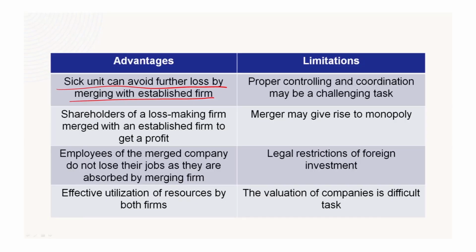Now, when this company merges with company B, they will be getting a fresh approach. They will be infused with some kind of capital, and ultimately it will be better for the company. Instead of becoming insolvent, you sell off your businesses to the bigger player and start with the new business. Shareholders of the loss making firm merge with an established firm to get a profit. So it is good for the shareholders as well.